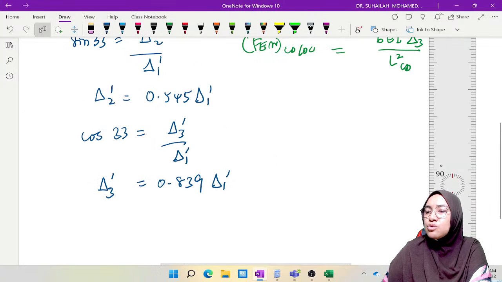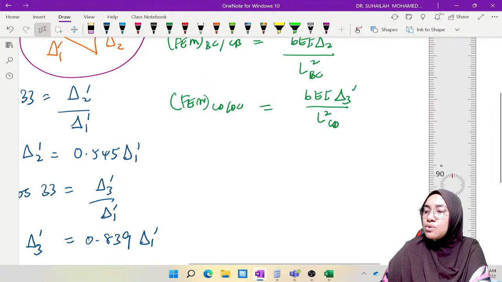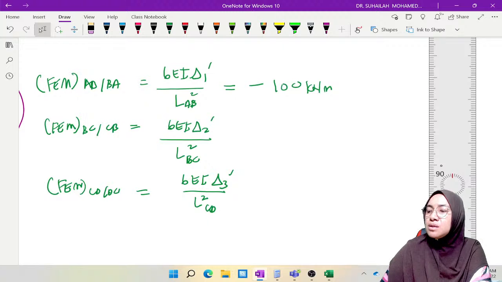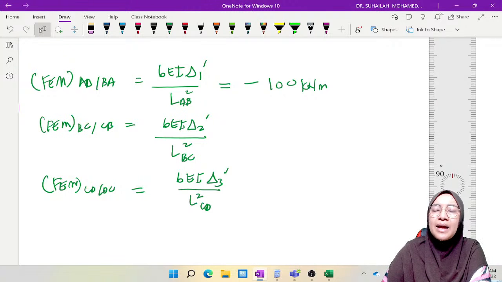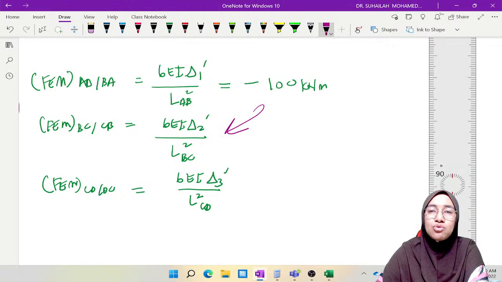Because delta 2 prime and delta 3 prime must be in terms of delta 1 prime, we can substitute into this, because 6EI delta 1 prime over LAB, we will get EI delta 1 prime. So in order to substitute into this, we must change delta 2 prime in terms of delta 1 prime.